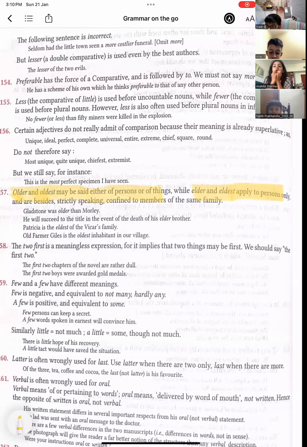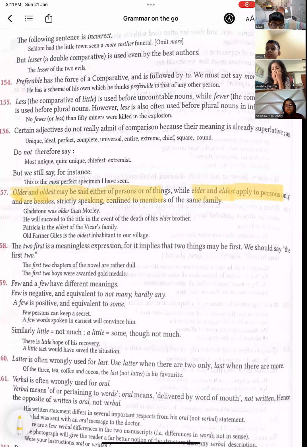We may say that he's older, he's my oldest brother. Technically, we can say, but always try to use elder, eldest. But you cannot say it is an elder grandfather's clock in my house, right? It's an object, clock. You will always say it's old. Correct?